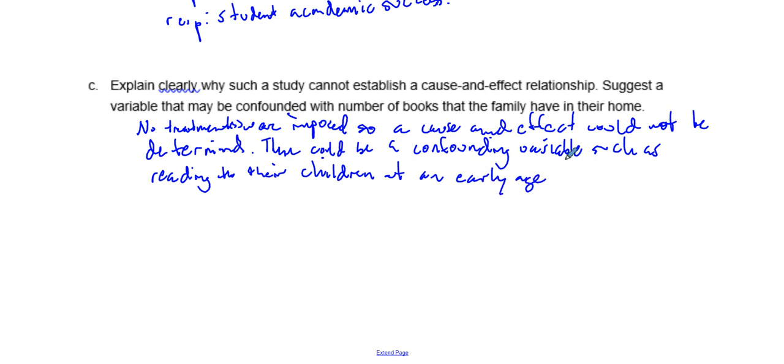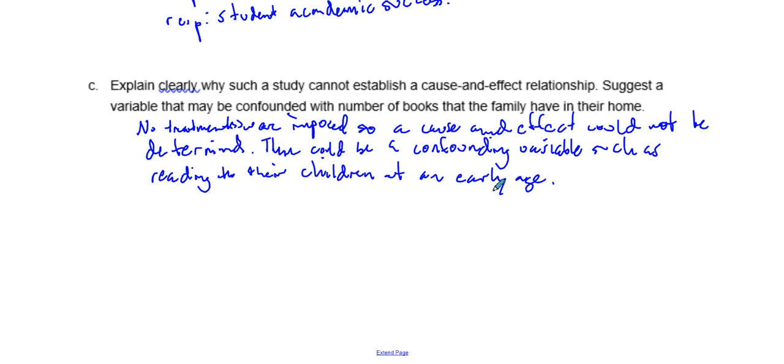Maybe also parents' academic success. Could that have some sort of influence on whether or not they have success? So there are a bunch of different confounding variables.